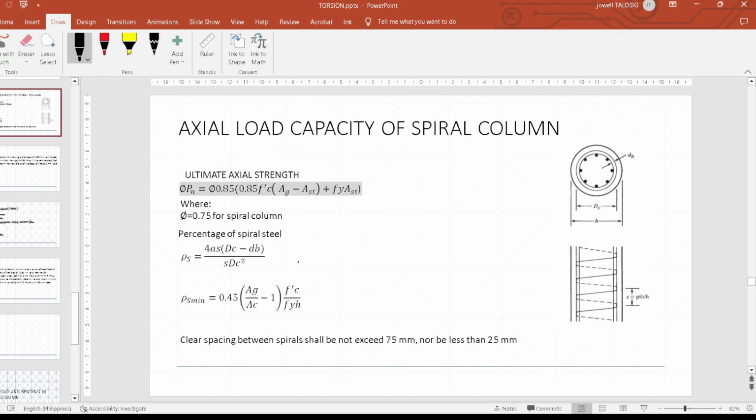So let's define the terms in our new formula. So As here is the area of the spiral reinforcement.